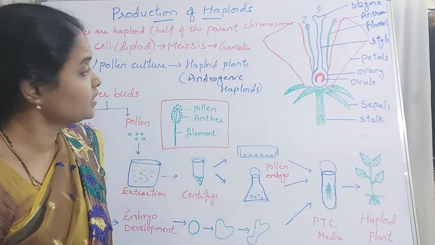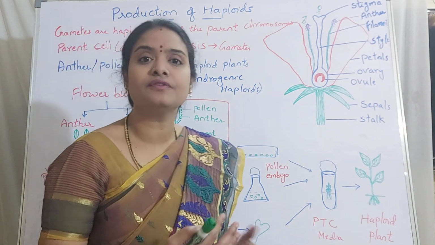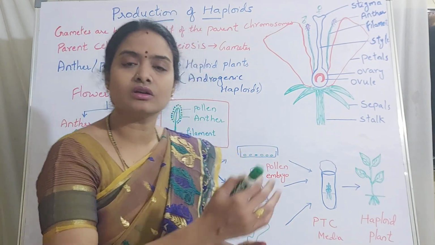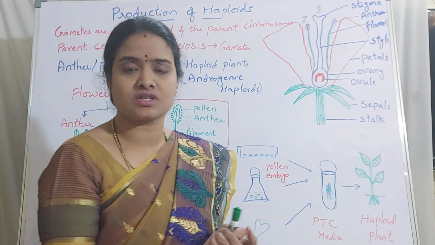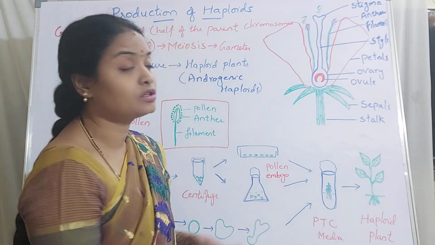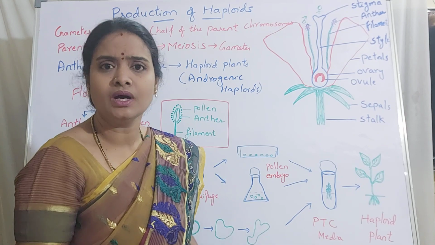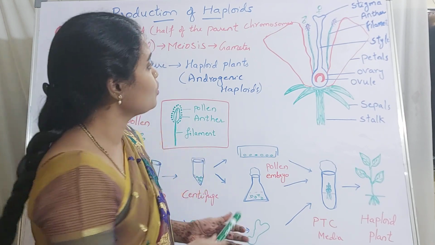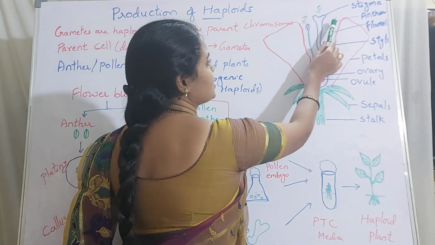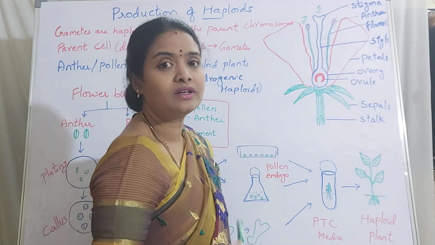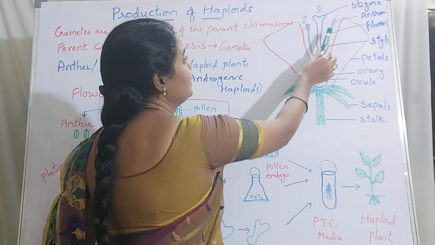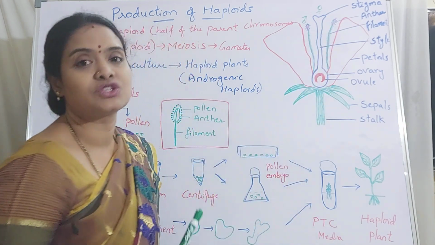In the natural fertilization or natural pollination process, it can be self-pollination or cross-pollination, or wind pollination or some other means of pollination. The pollen grains are produced when the anther is maturing.